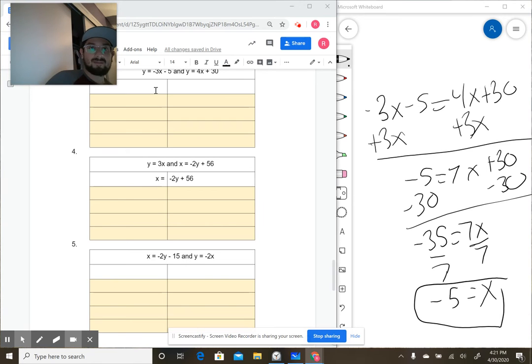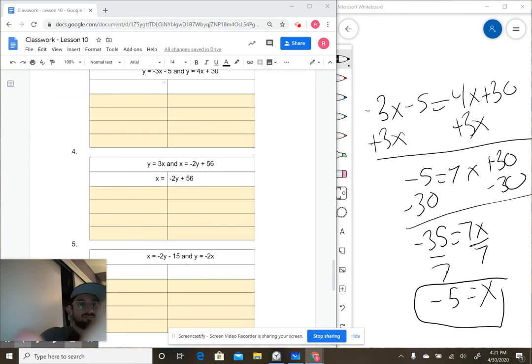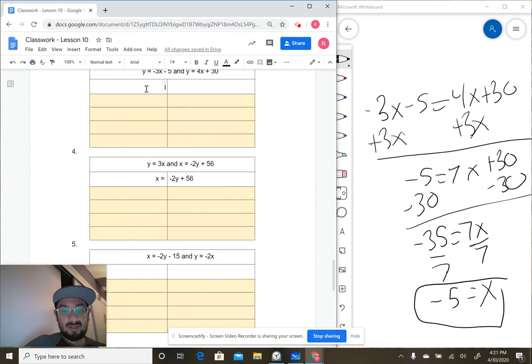So let's do that. So we have y equals 4x plus 30. Substitute that y with negative 3x minus 5, which is 4x plus 30.